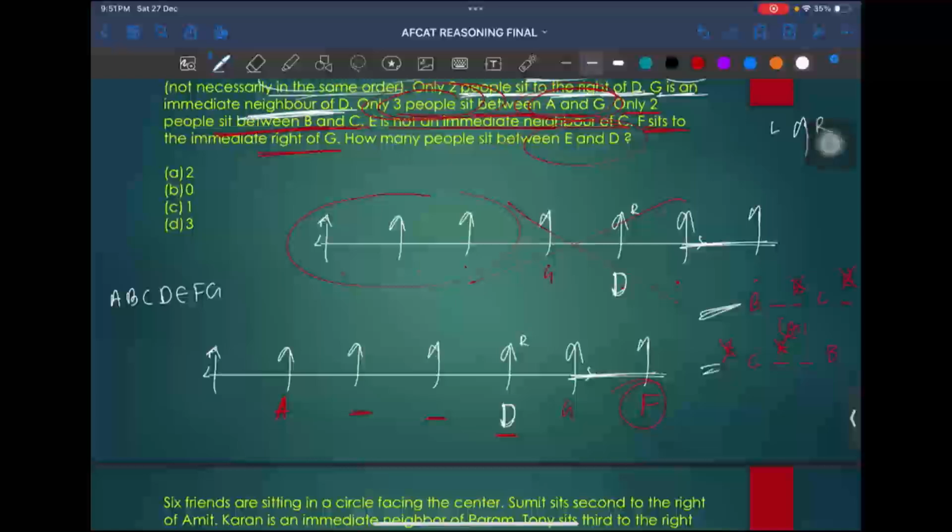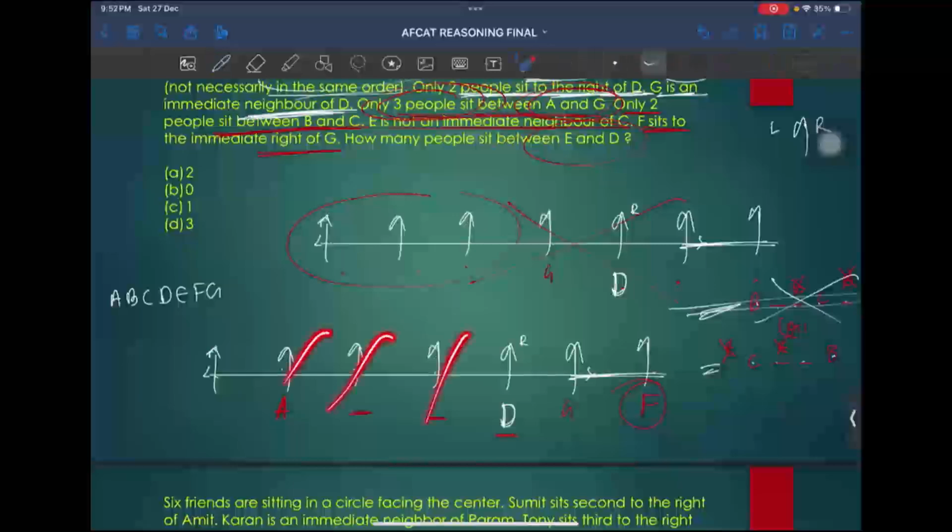Since I have only 1, 2, 3, 4 positions from this option, 1, 2, 3, 4. Here 1, 2, 3, 4, 5. So the first option will never become correct because I have only 4 remaining positions, 1, 2, 3, 4.